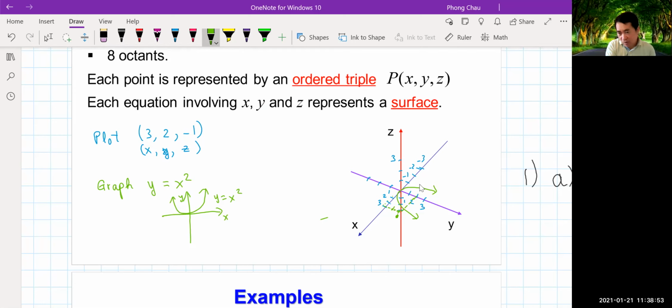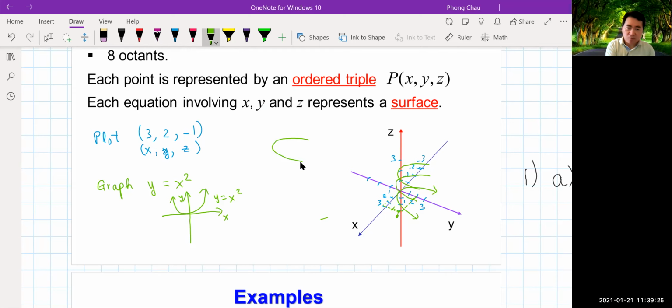So this is where z equals 0. When z equals 1, you add basically up here, and then you have another parabola in the plane z equals 1, right? That's 1 unit up when z is 1. And then you have z equals 2. So you can see that after you draw it, it's not just a two-dimensional parabola.